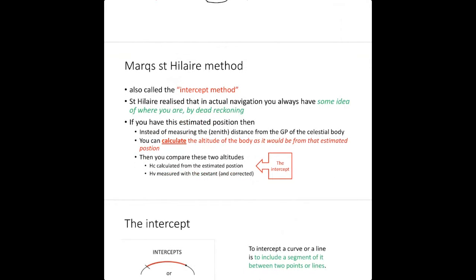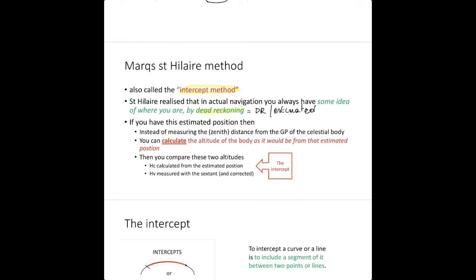This method Marc Saint-Hilaire invented is called the Intercept Method. And what is it based on? Well, he realized that when we do navigation, we always have some idea of where we are by doing dead reckoning. The position that we find there would be either our dead reckoning position or our estimated position.